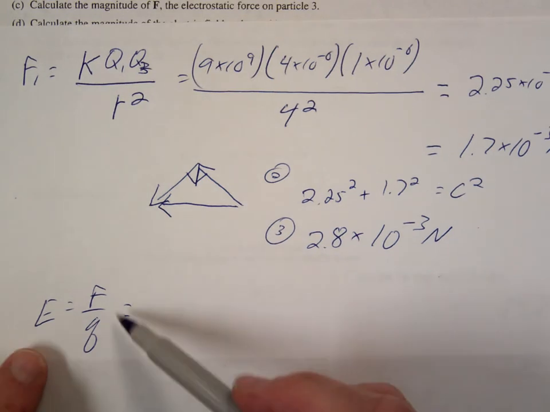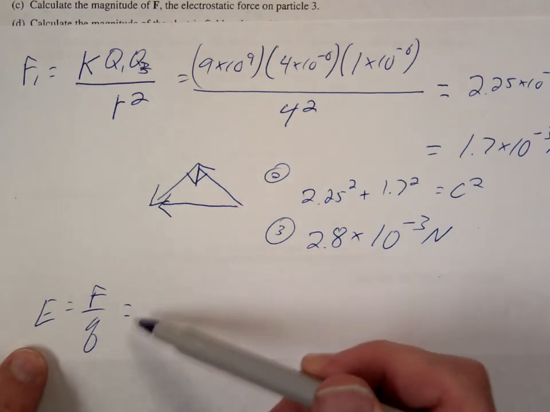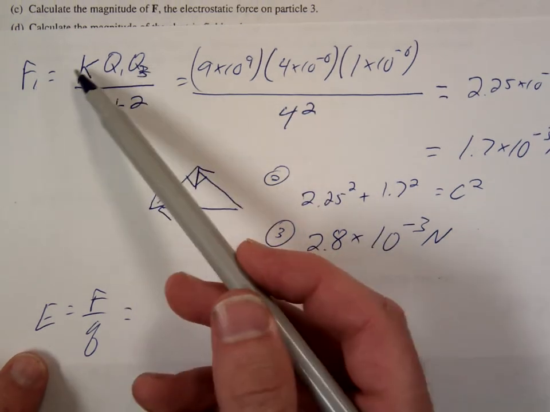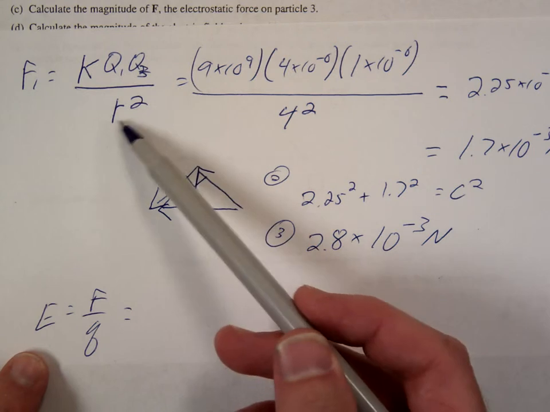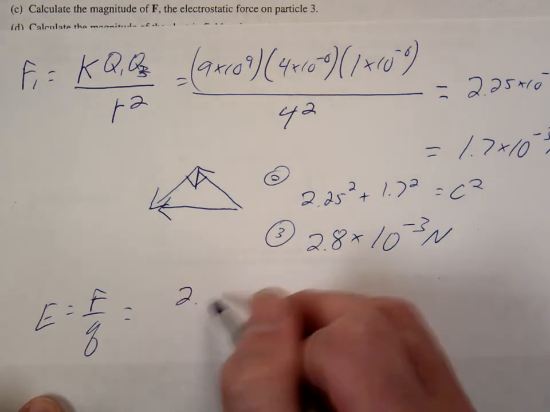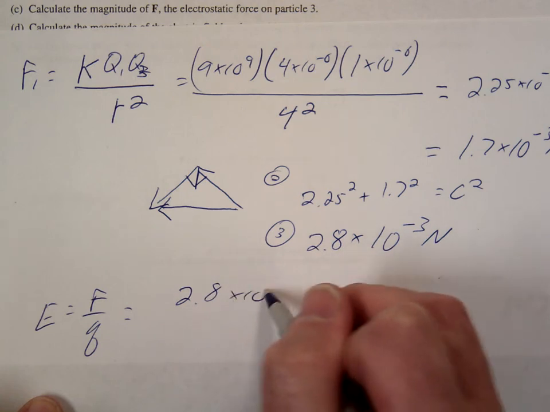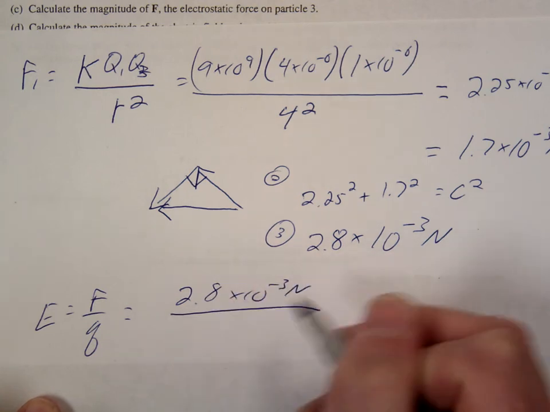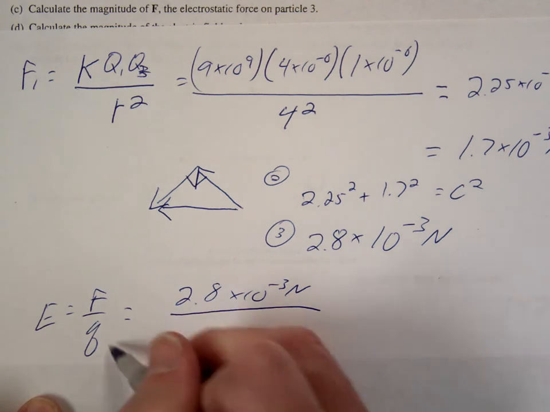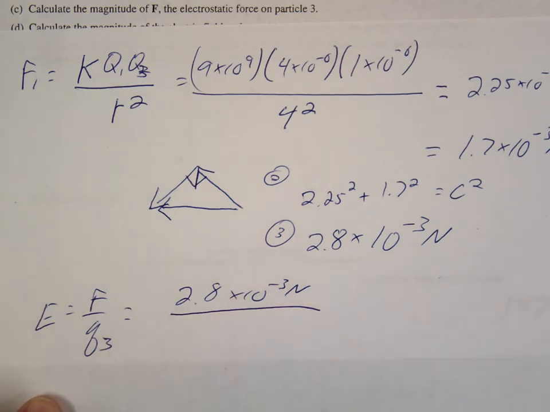Now if they asked you to do this one first, you would find the E field using kQ over r squared instead of the force equation. So you're just going to take the answer you got earlier, 2.8 times 10 to the negative 3, and divide it by q. Now, which q are we dividing it by? The q that was actually there, that you removed, because that force was the force on q3.